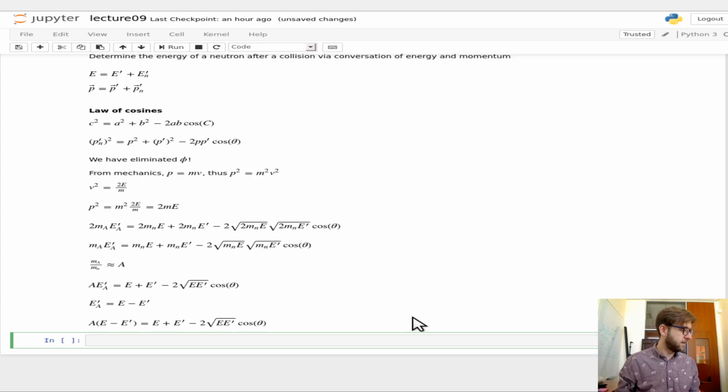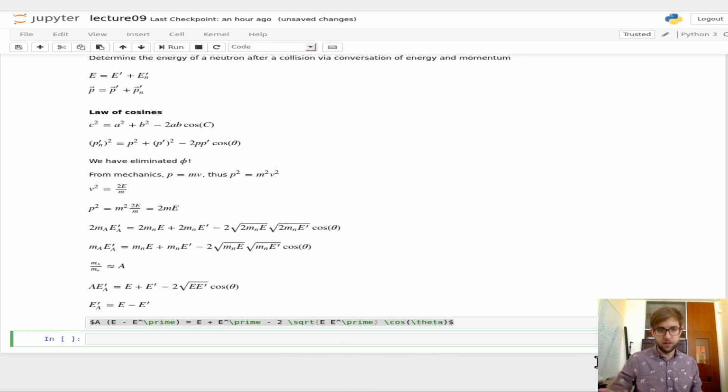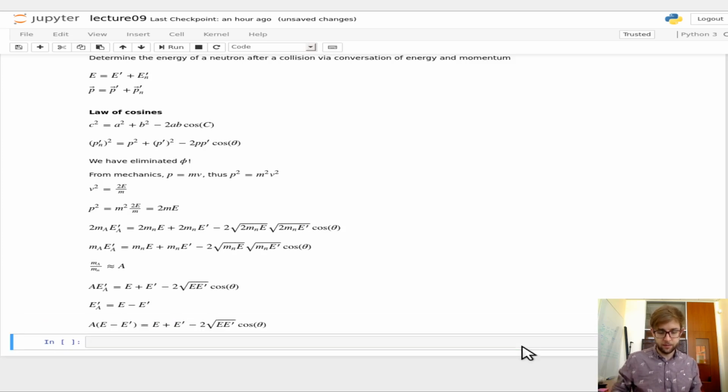So another way of thinking about this is, well, first let's rearrange, okay? To get this in powers of E prime. So one way to rearrange this, let's subtract the left-hand side from both sides. And what we'll see, so we want to get a 0 over here.